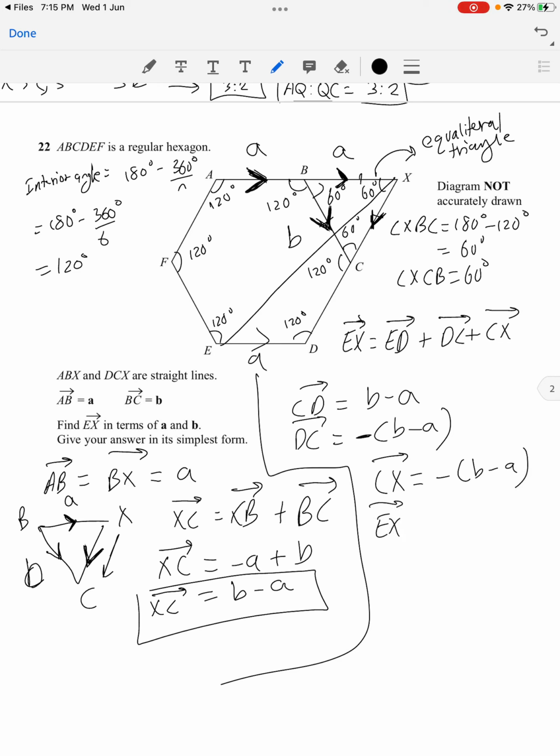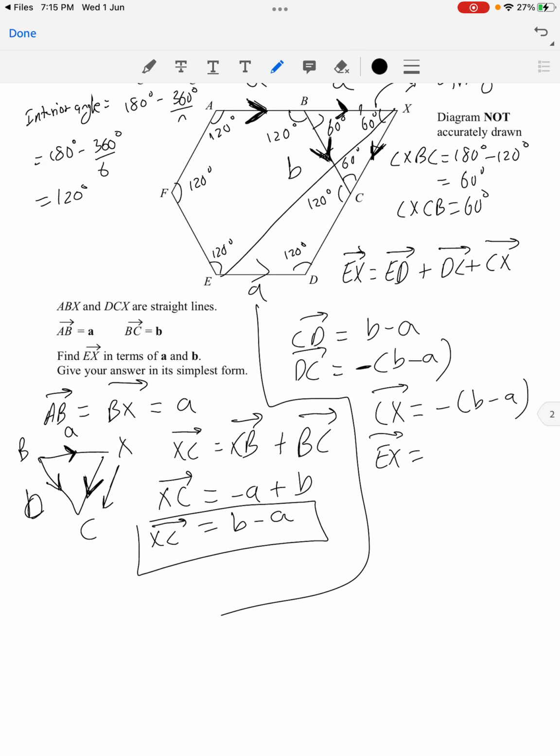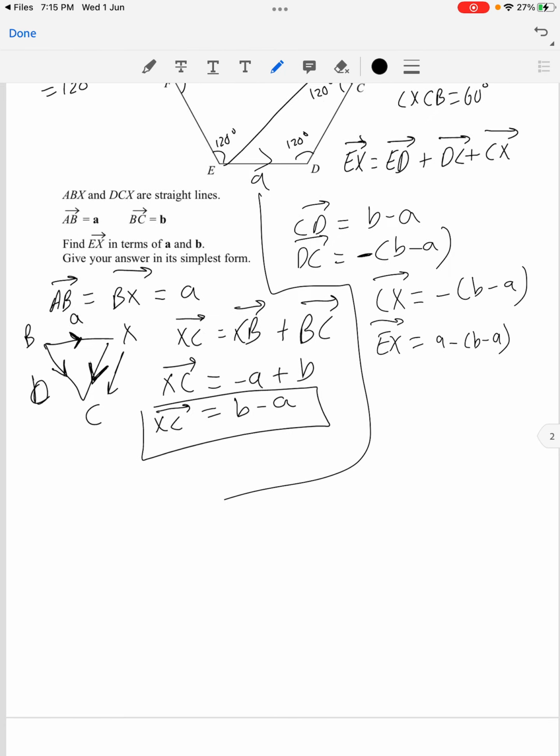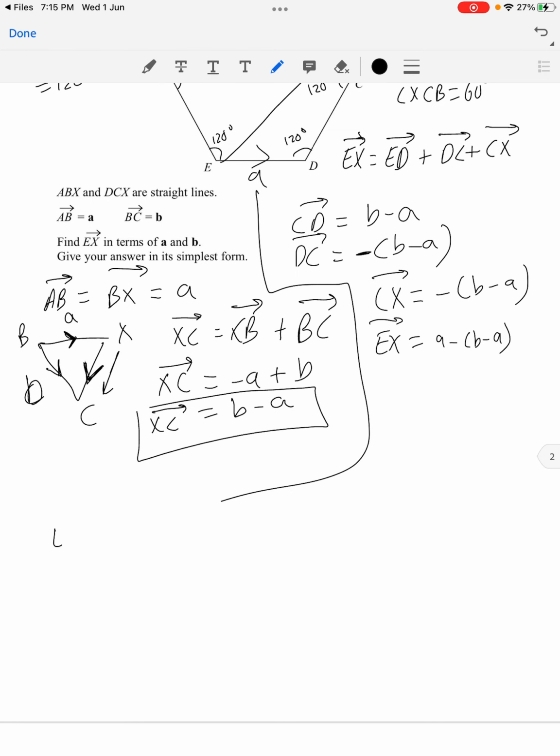We're just going to do EX is equal to ED, that is A, minus, the reason is because it's DC, B minus A. They add up, since they add up it just becomes negative. Actually, we're going to write the steps here so that you can clearly see the idea behind it.